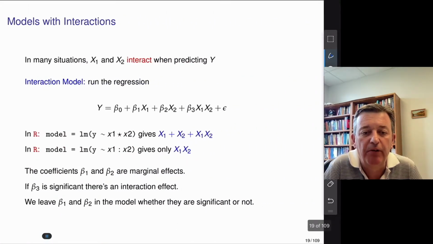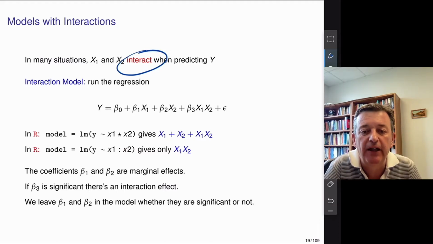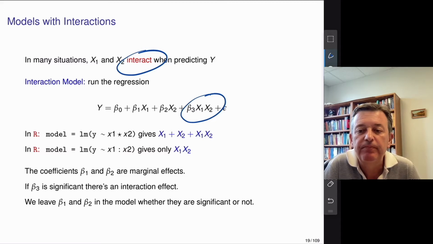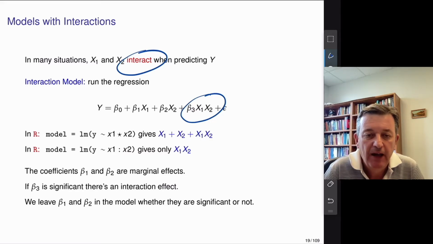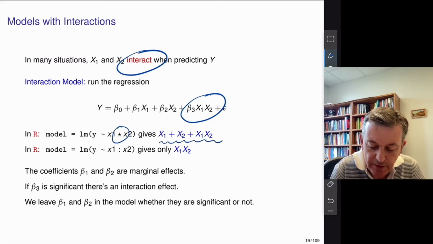And what would regressions look like that have interactions in them? Suppose I have two variables, and they could be dummy variables, but suppose they interact when predicting y. All that really means is I have a third term, beta 3 times the product of the two, x1 times x2. And again, in R notation, if I use the star command, I will essentially be getting all three terms as above.